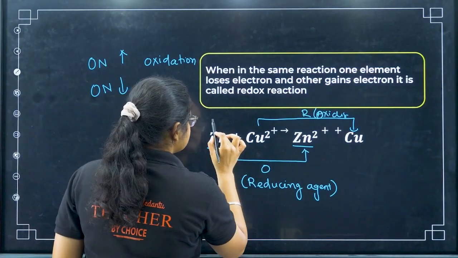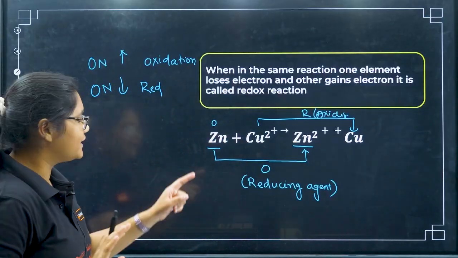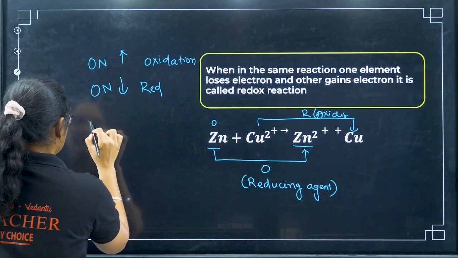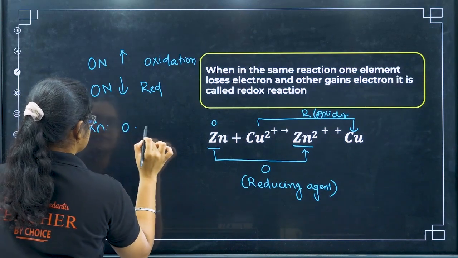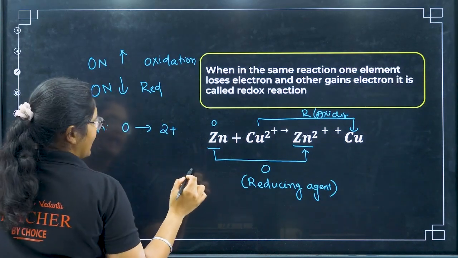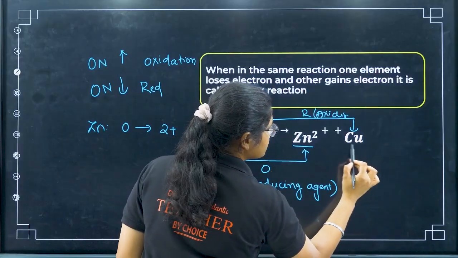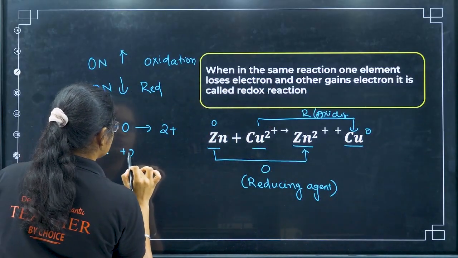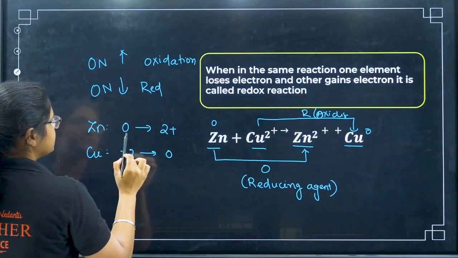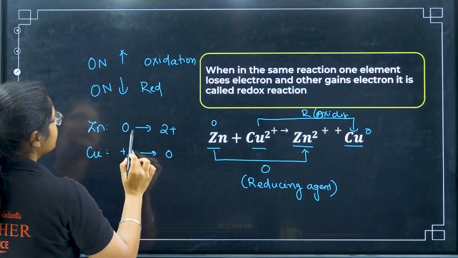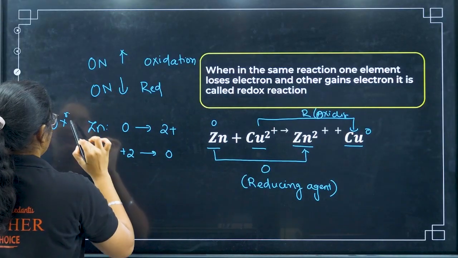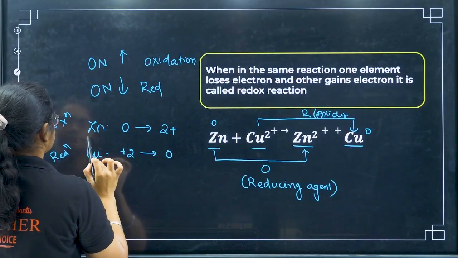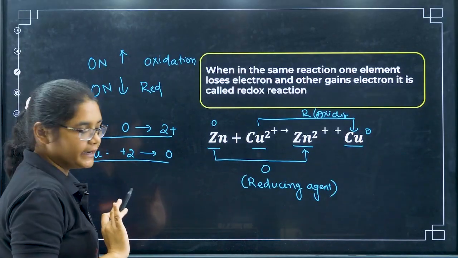If there is no charge, then the oxidation number is 0. For Zn to Zn2 plus, the oxidation number changes from 0 to plus 2, and for copper it is plus 2 to 0. For zinc the oxidation number is increasing, so it is oxidation. For copper the oxidation number is decreasing, so it is reduction.